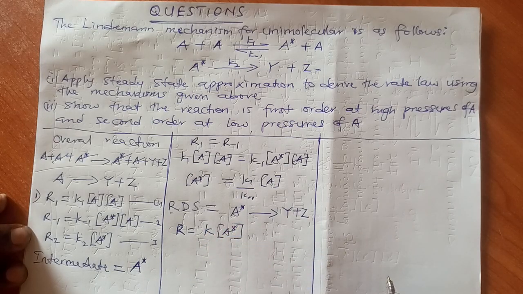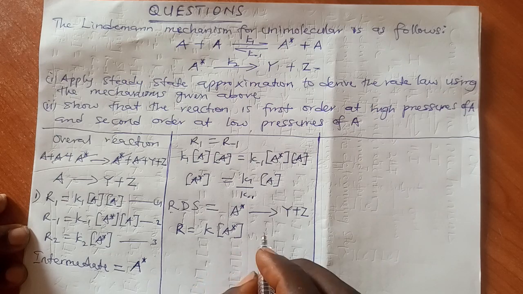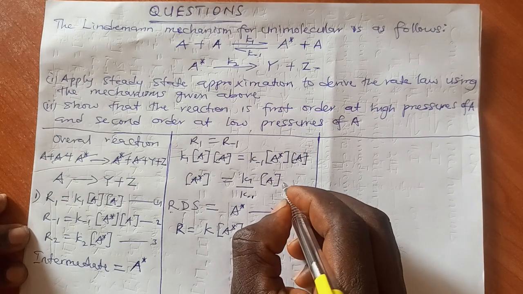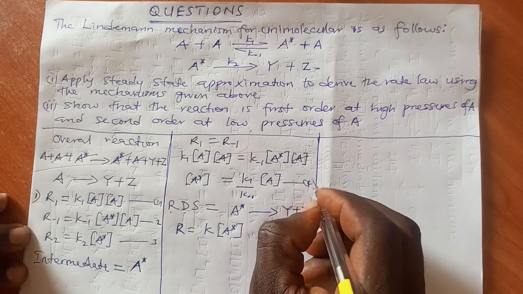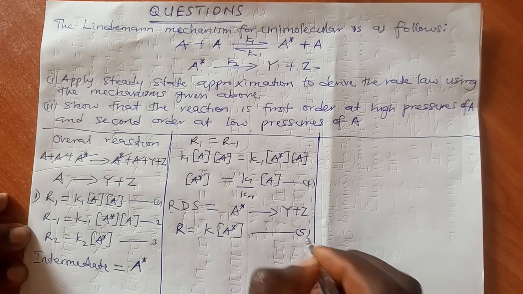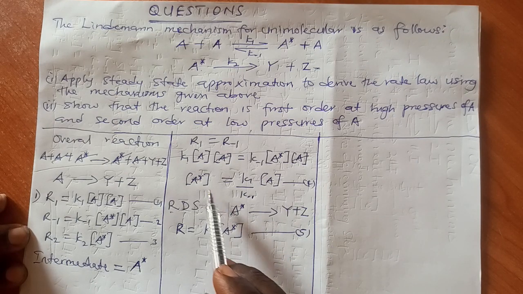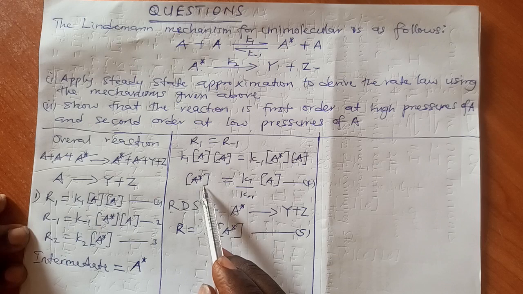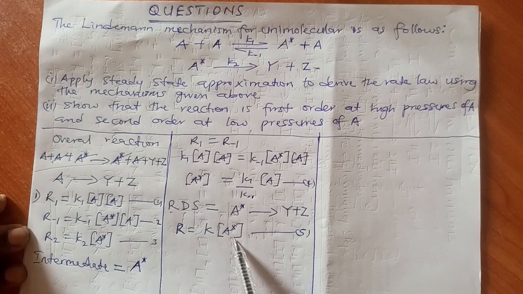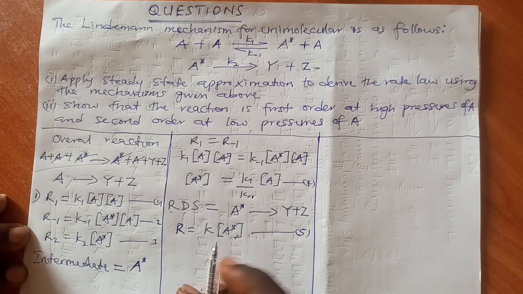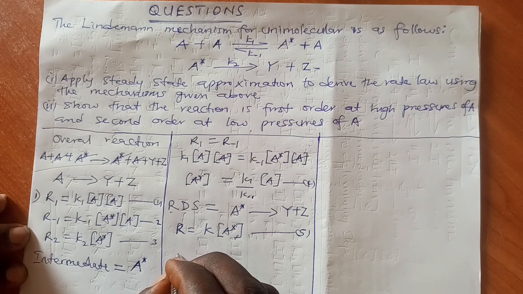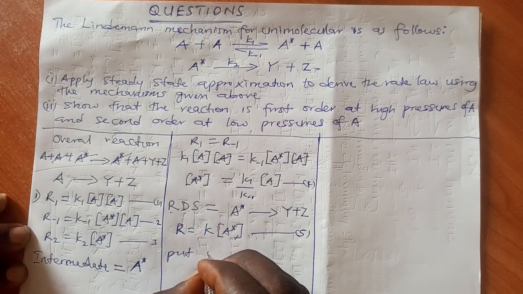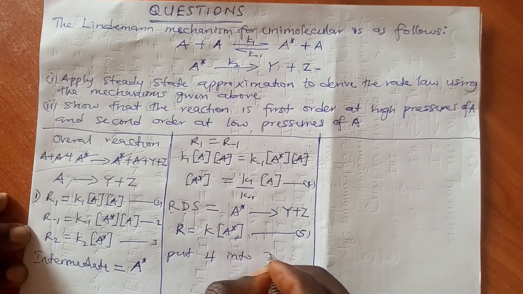That is my rate determining equation. If I call this equation 4 and this equation 5, you can see that my intermediate is already given in 4. So I can put this intermediate into 5, where my rate determining equation is. So I will put 4 into 5.